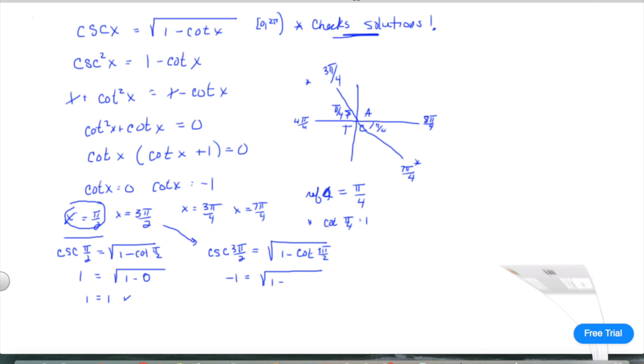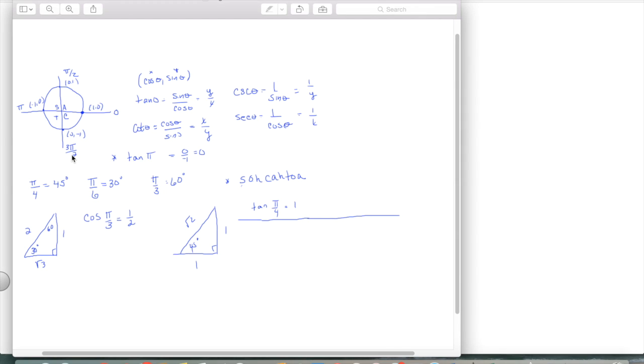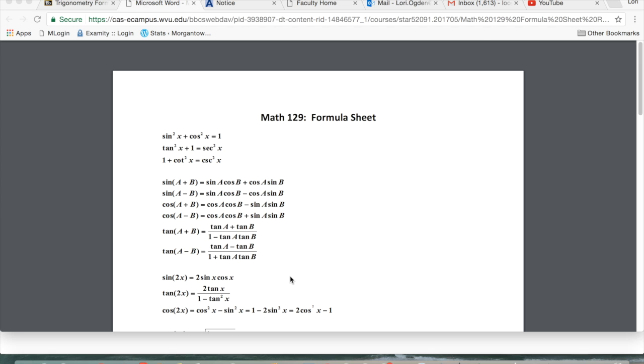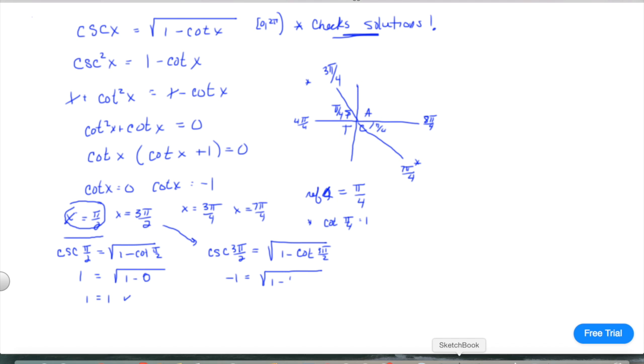So if you think about cotangent of 3 pi over 2, cotangent is x over y, so that's 0. So I have negative 1 is equal to positive 1, so that's a no. So x equals 3 pi over 2 we have to throw out.